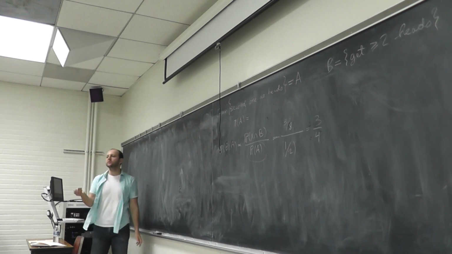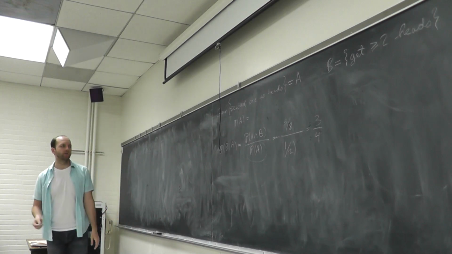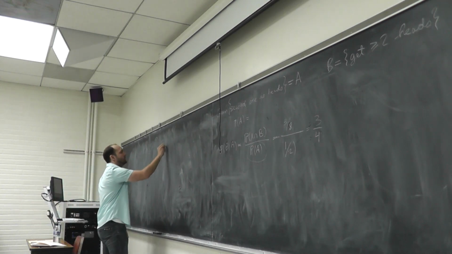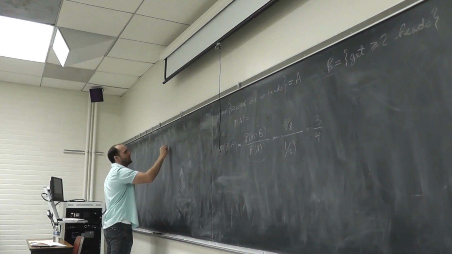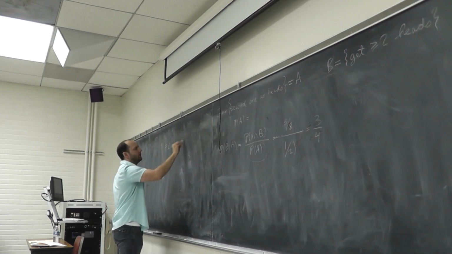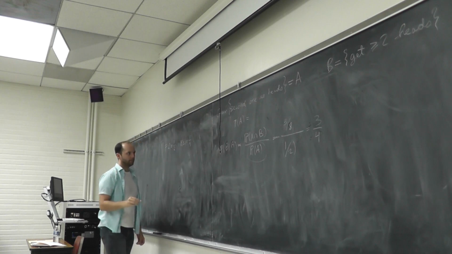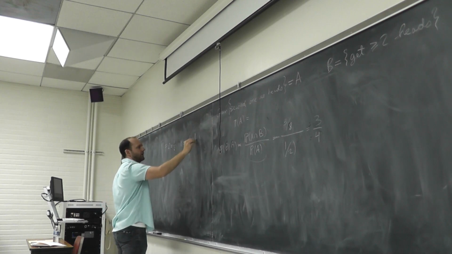But here's the most basic example where you would use independence. Say you know that the probability of A is equal to, I don't know, a half. And you know that the probability of B is equal to a fourth. And you know that B and A are independent.